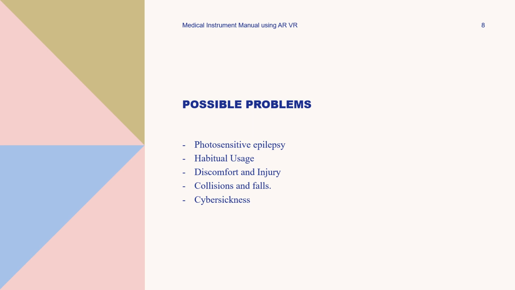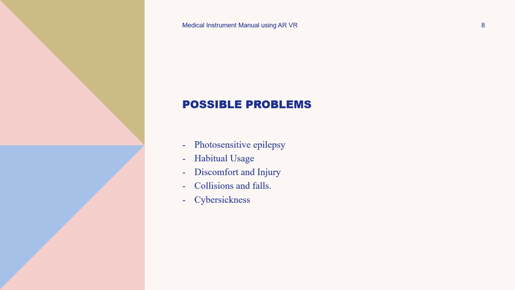Collision and fall means that AR/VR users, especially VR users, are frequently unable to see or are distracted from noticing some or all of their physical surroundings. So discomfort and injury: while using it, if they are around some objects, there is a possibility to collide and they can fall.